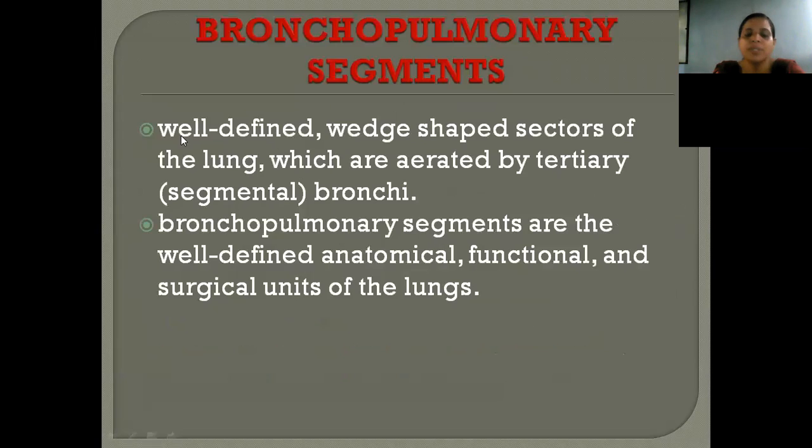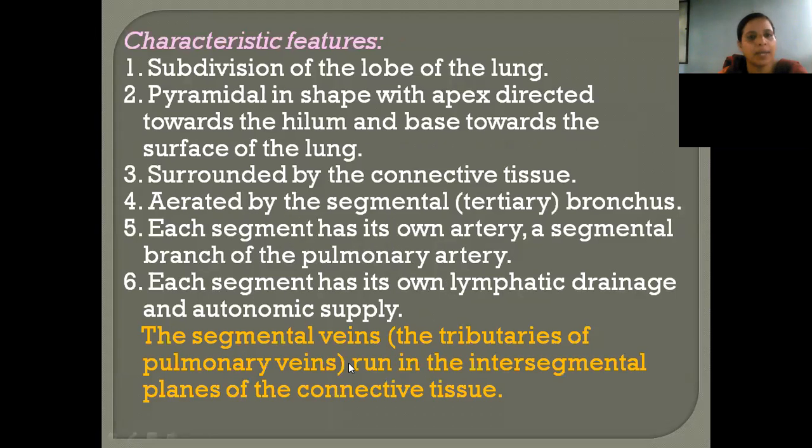They are well-defined, wedge-shaped, irregular sectors of lung aerated by a tertiary bronchus. Surgical means that if they get damaged, we remove only that particular part of the lung.